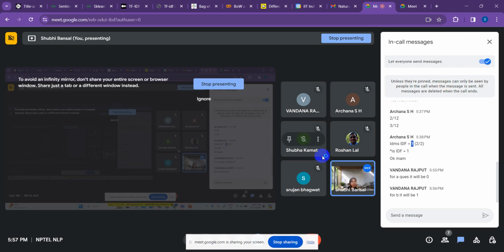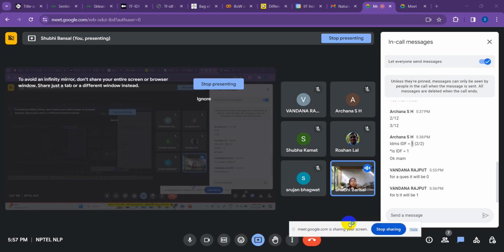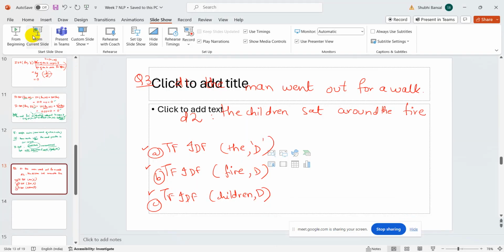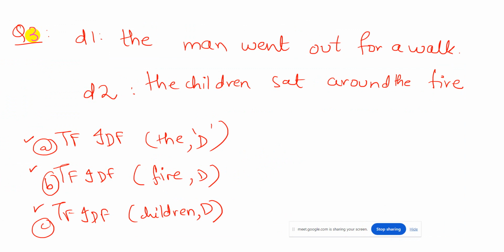That's correct. For B, it will not be 1. So let us see how to do for B. Calculating the term frequency TF of "the" across D1.